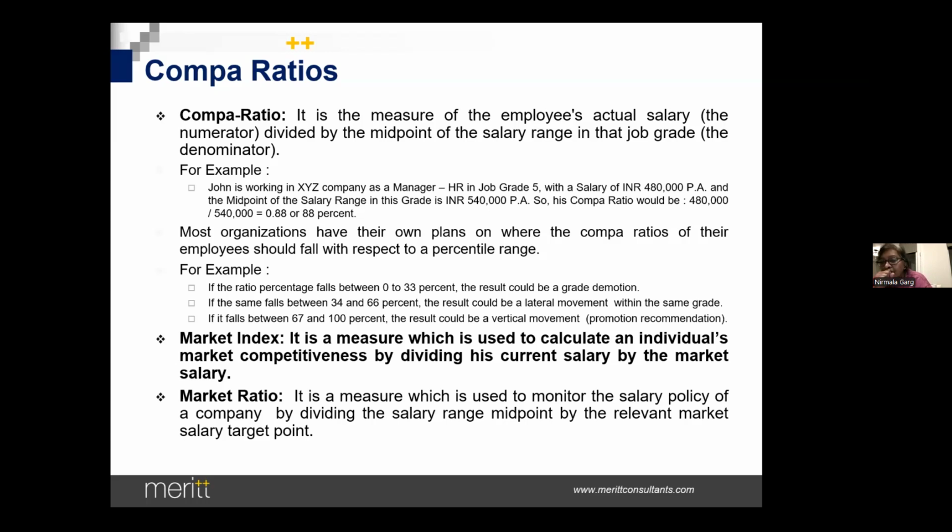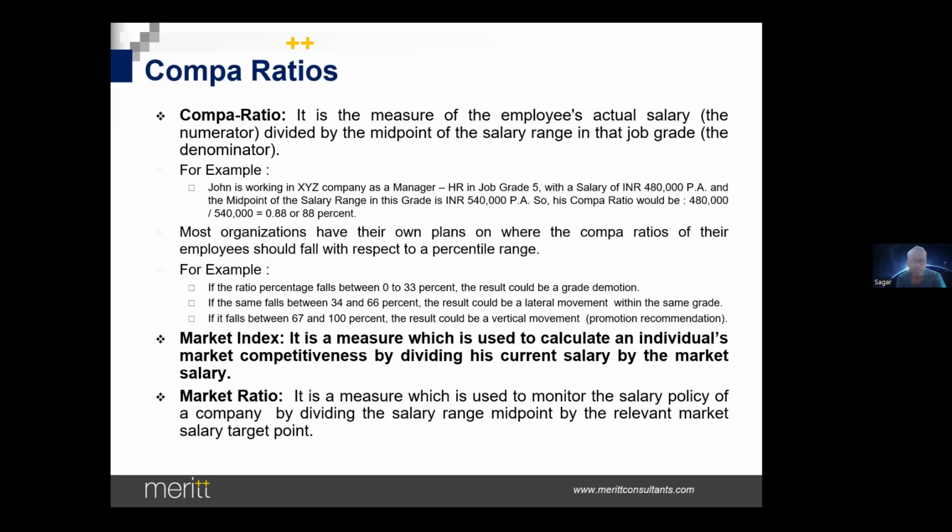Is there inequity? Yes, ma'am. Two people are working in the same role and have the same performance rating, but one is getting much less than the midpoint and one is getting more than the midpoint. So what will you do as an HR manager?